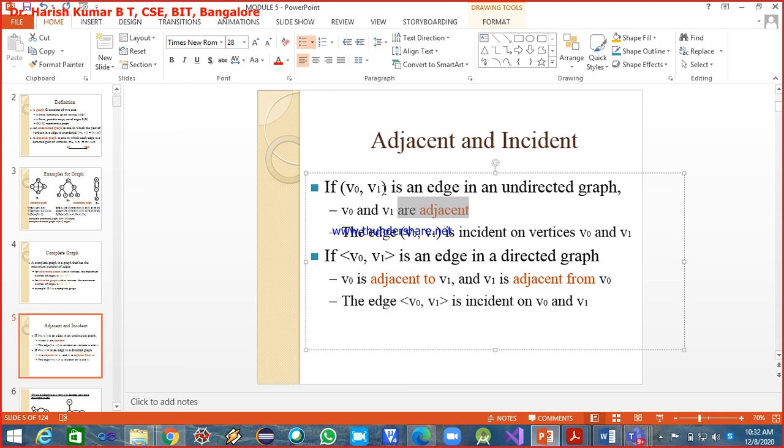So for the edge v0 comma v1, you can say that v0 is adjacent to v1 or v1 is adjacent to v0. Now adjacent you understood. The edge v0 comma v1 is incident on the vertices v0 and v1. The undirected edge is incident on both the vertices. It is incident on the vertex v0, and at the same time it is also incident on the vertex v1.